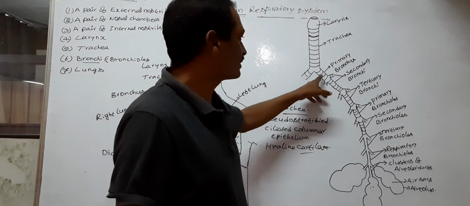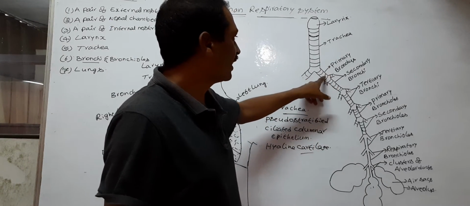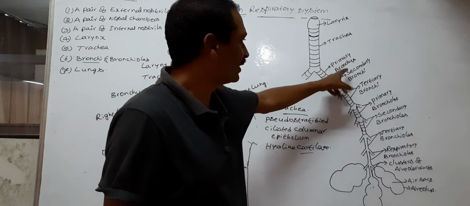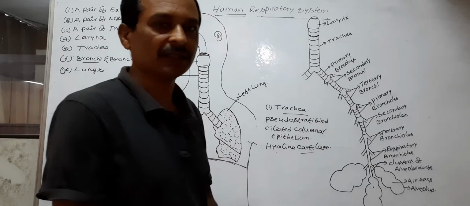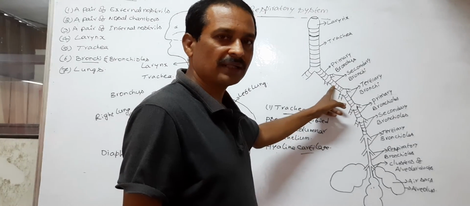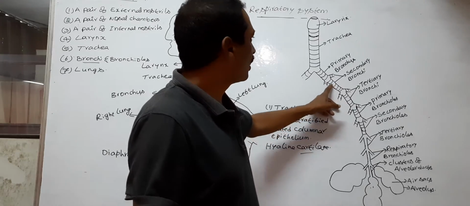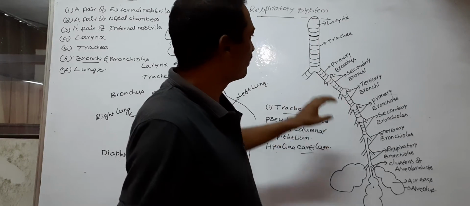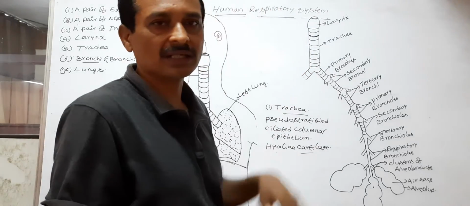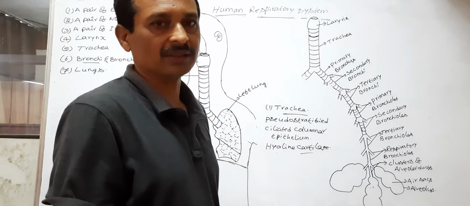So the cilia of the pseudostratified epithelium push the dust particles towards the buccal chamber through the trachea, larynx, pharynx, and buccal chamber.